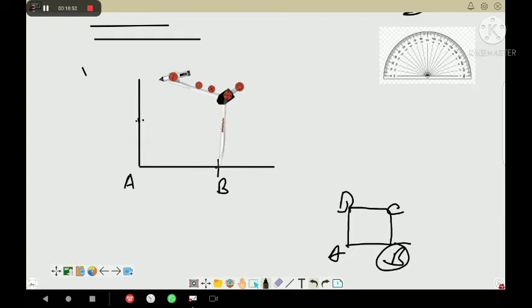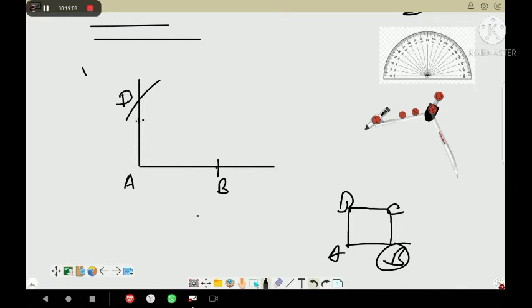We draw an arc, then it will cut on this point, and this is the point D. So we get D point.